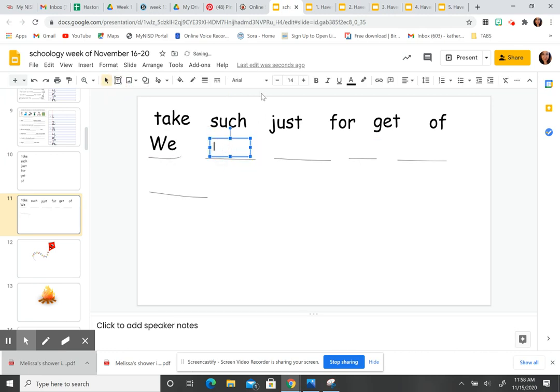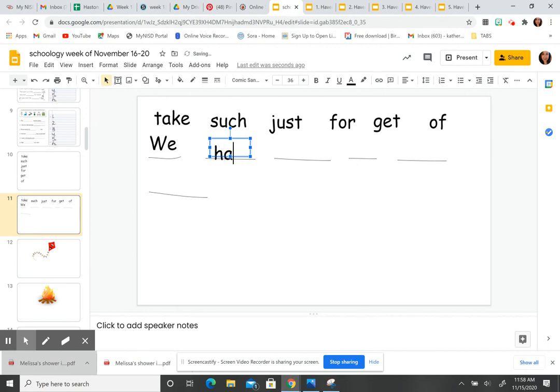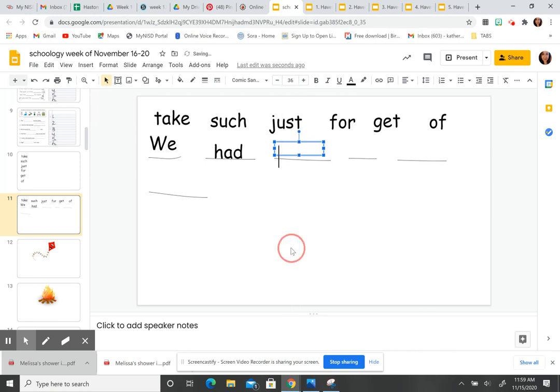Think about the sounds you hear in had. Had. We had. Now the next word is such, so that's our word that we have been practicing. So look up at the top. You see the word such. So we're going to copy the word such. We had such.